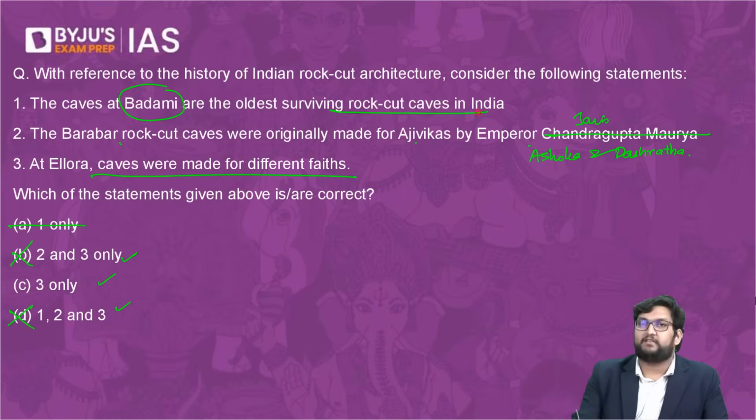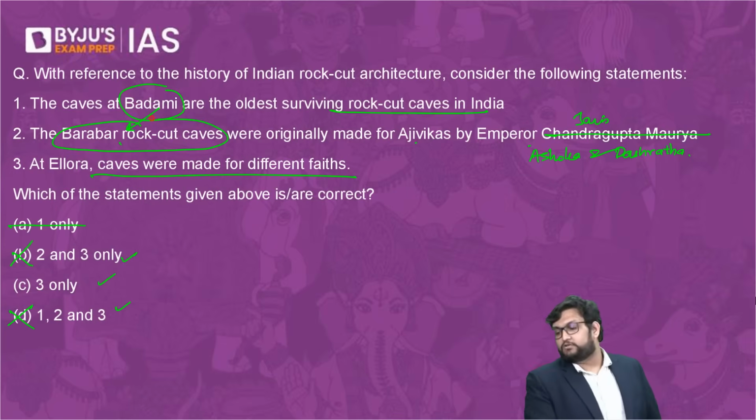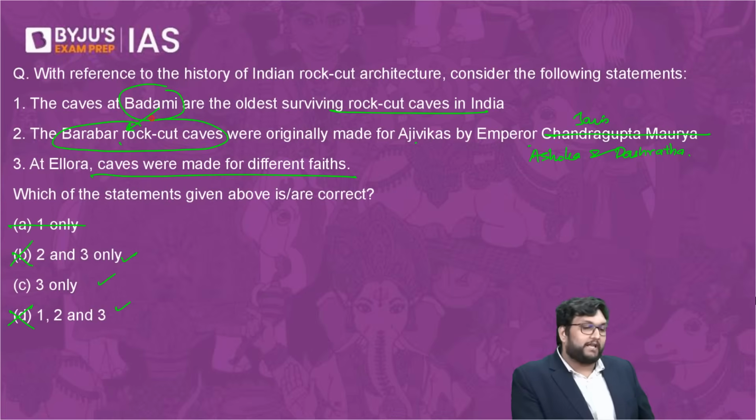Badami are the oldest caves? The name of these caves is given in the next statement itself. Not Bhimbetka. Come on. Bhimbetka is a prehistoric cave. It says rock cut caves, not natural caves. The name is given in the second statement itself.